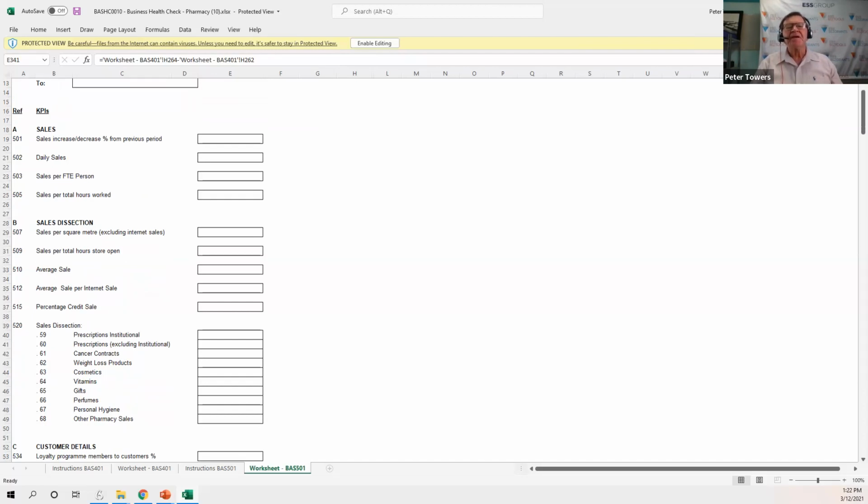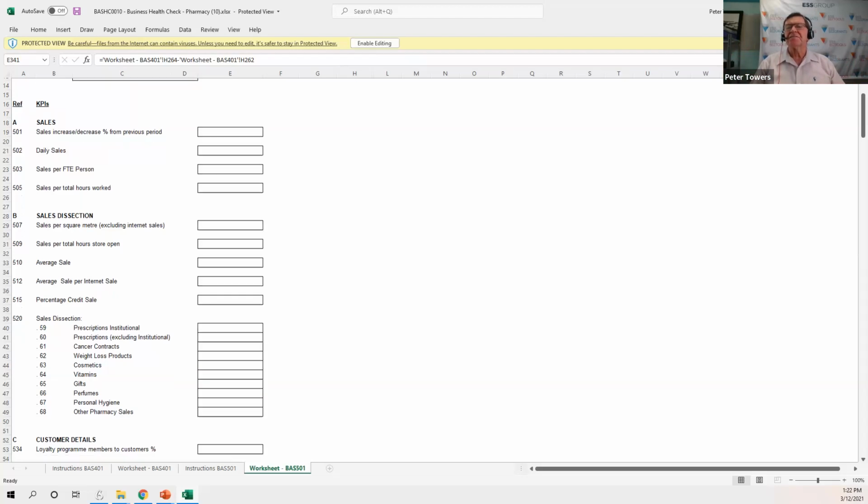But also, some of these industries and trades do look at the benchmarking information. So the client has probably got an idea of what the sales are per square meter when you look at national figures, so they can compare their figure to that and see how they're going.